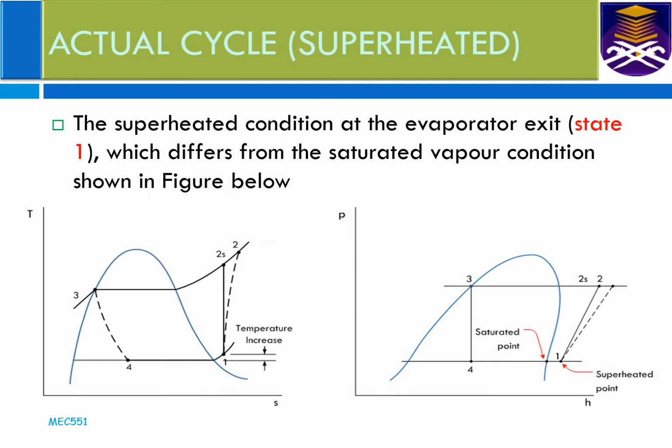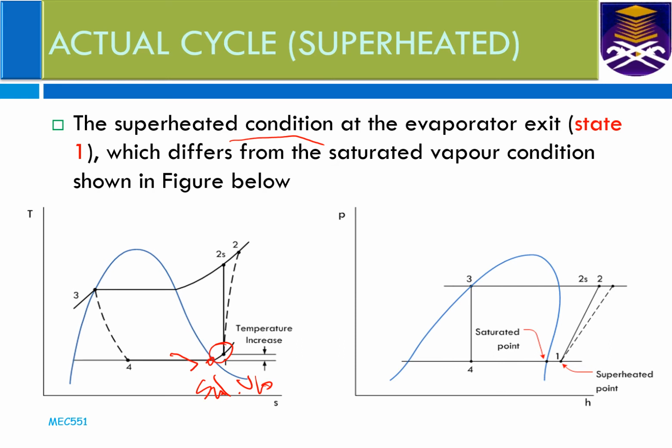So that is the first condition, which is the compressor is not running with isentropic compression. And the second one is at the end of the evaporator, at the saturated vapor, there will be a superheated condition, whereby the beginning of the compression will be in the superheated region.